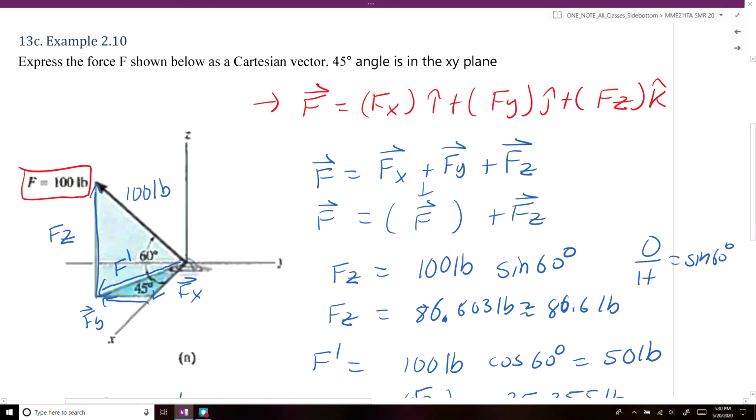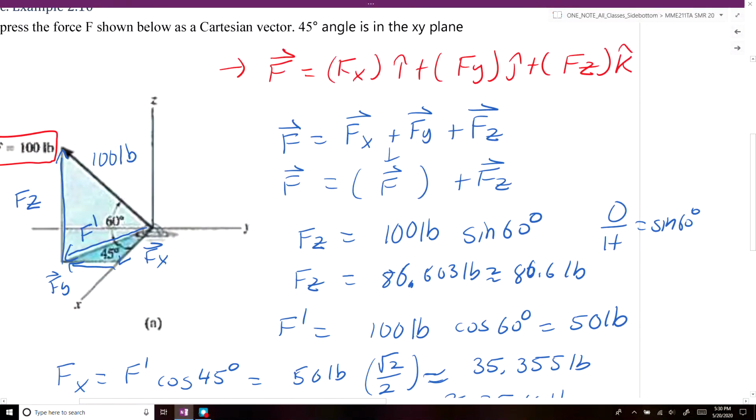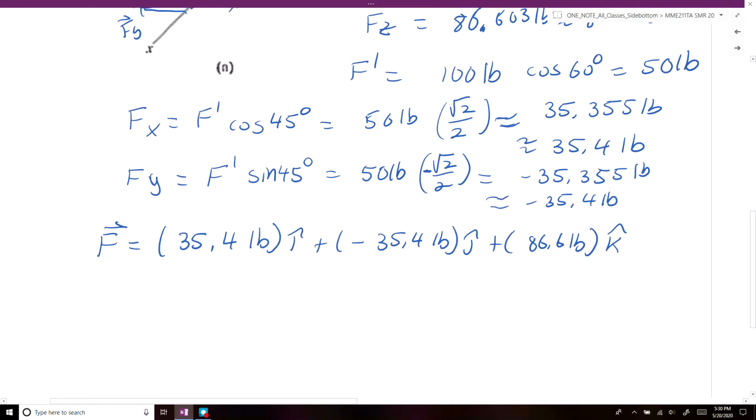Sometimes you might have to solve for an intermediate value like F prime, and then use that intermediate value to find your x and y components to get the overall vector in Cartesian form. That concludes this problem on breaking down a vector into its Cartesian components with an intermediate component F prime.